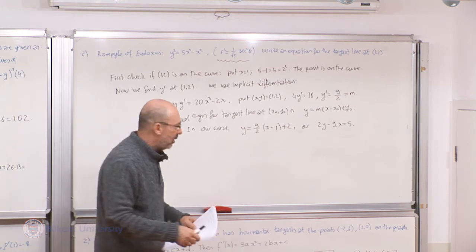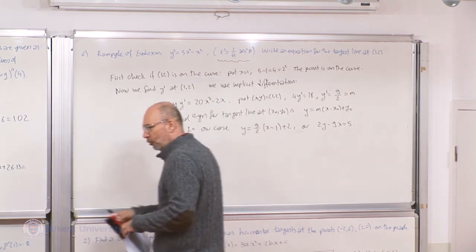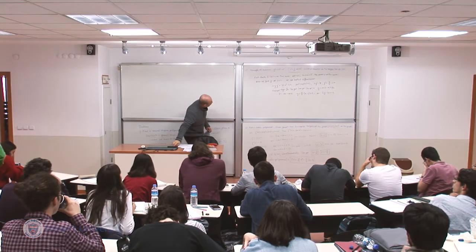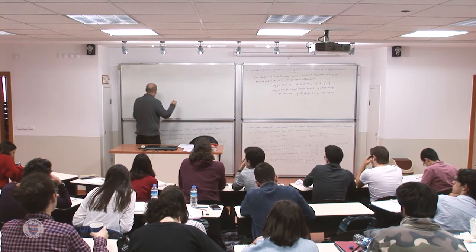Let's do one show that problem, because I know you love show that problems. Or rather, let me change it into a form where you don't see the word show that, so that you won't be discouraged. So this is 7.